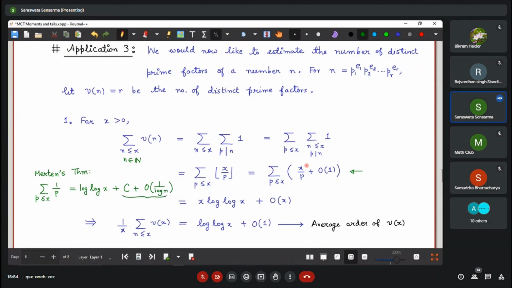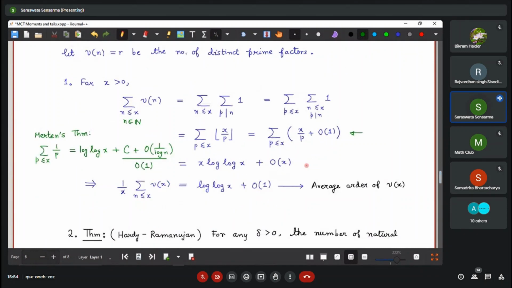We'll be clubbing this entire thing into an order 1, but using this you get this. So in other words, if you write down the average, I made a mistake here, it should be n.